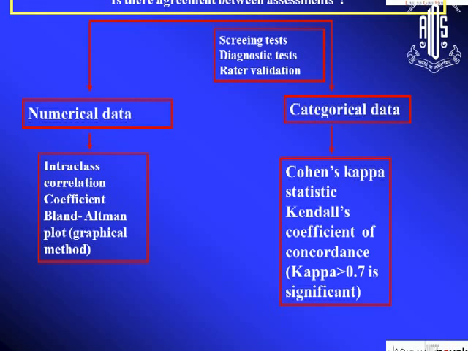Now, some of the mistakes which people commit. I will point this out definitely here: when they are comparing two types of instruments, they commit two mistakes. One mistake is that they take measurements from one instrument and from the second instrument, on all the samples, and then they take the mean of the measurements of one instrument and the mean of the measurements of the second instrument, and then they do a t-test, which is absolutely wrong.